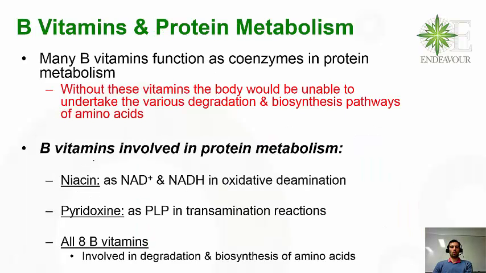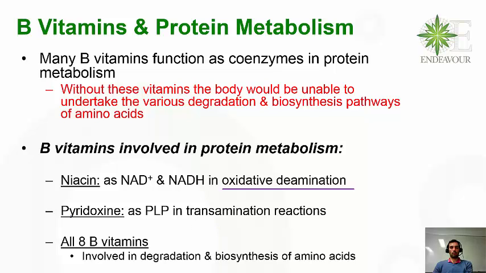So a lot of our metabolic reactions that we've talked about to do with protein metabolism do rely on B vitamins as coenzymes. So the B vitamins get converted into these coenzymes. So niacin is used in our NAD plus and also NADH, and we need these for our oxidative deamination.